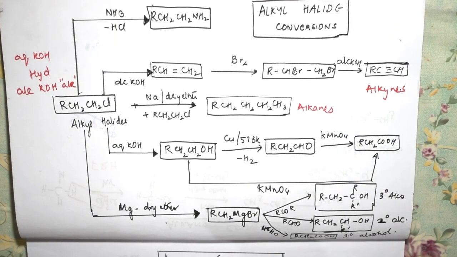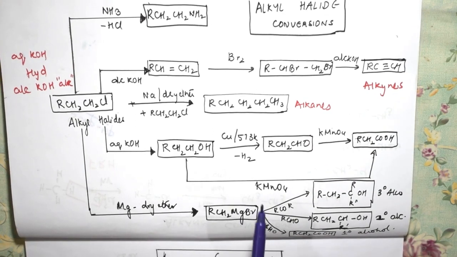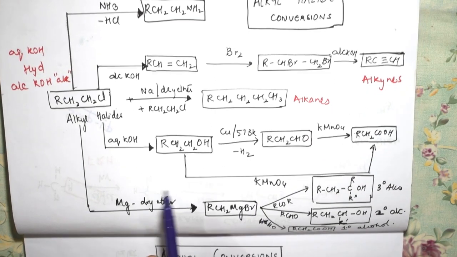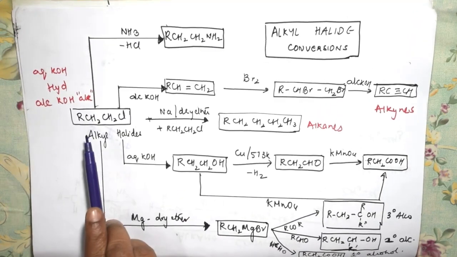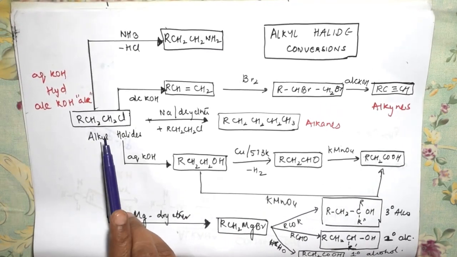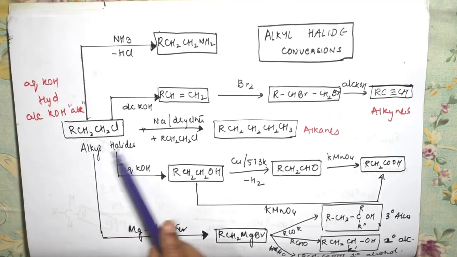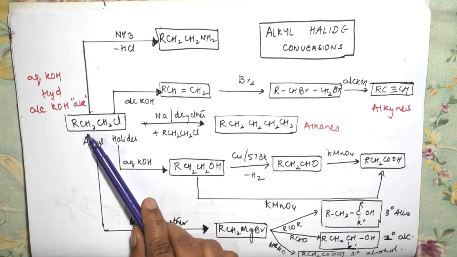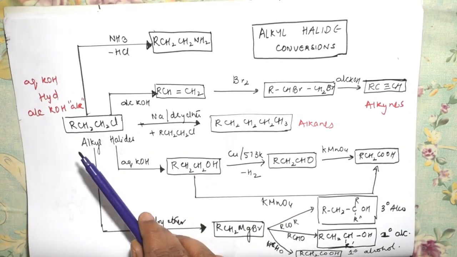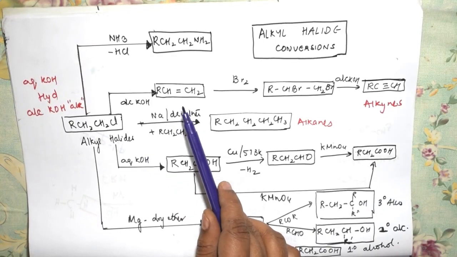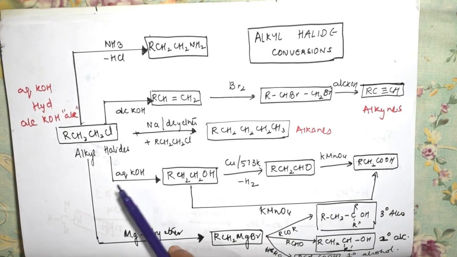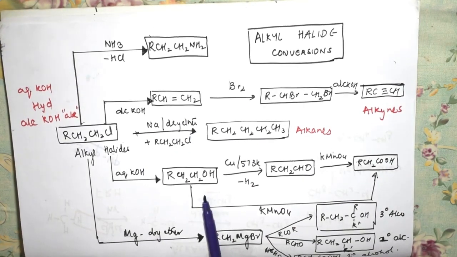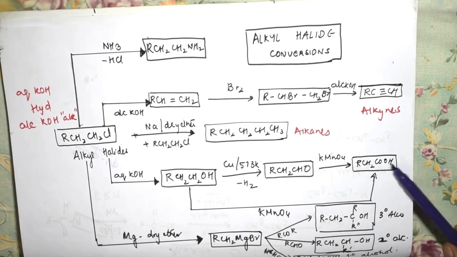Now let us start with your first chapter, haloalkanes and haloarenes. If you see here, I have taken an alkyl halide for example, and I have shown different conversions: alkyl halide conversion into amine, alkyl halide to alkene, alkene to alkynes. Next comes alkyl halide to alcohol, aldehyde and acid.